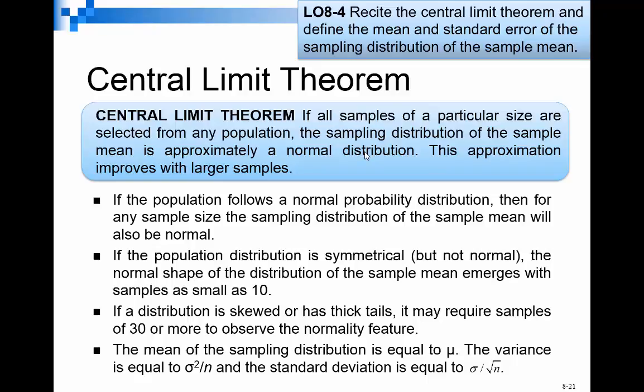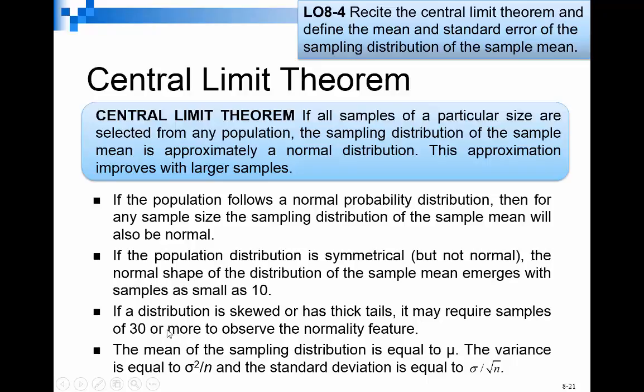once we start to get above a certain sample size, right? So the approximation of this normal distribution gets closer and closer to an actual bell-shaped curve as the sample gets larger, and it starts to become normal as we get to sample sizes of 30 or more.